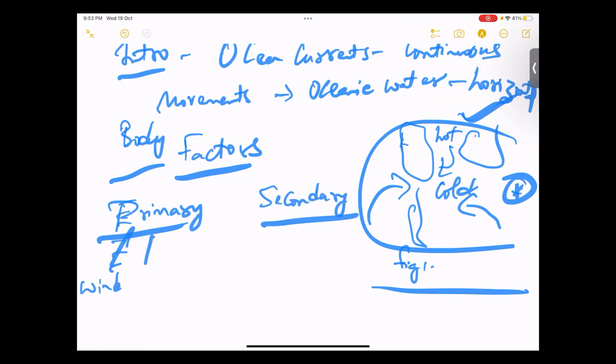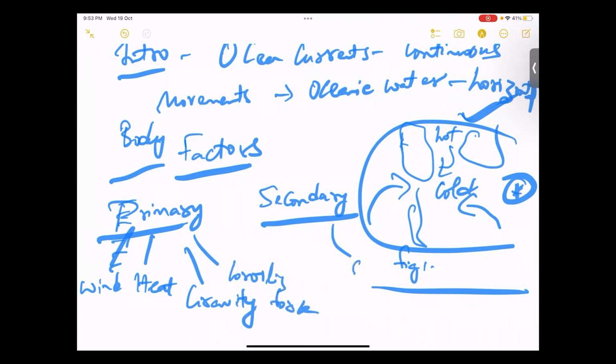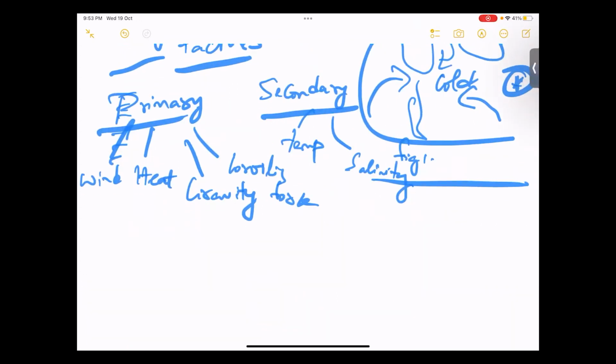Wind, heat, gravity, all the natural forces, and then the Coriolis force. Secondary factors are salinity of water and temperature of water. So this is the first part of the question.